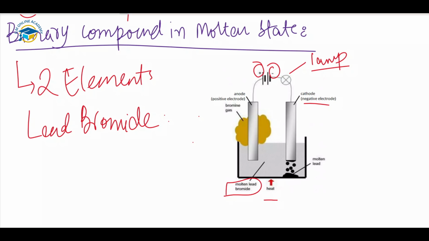So what will happen here? We have PbBr2, which is the lead bromide, in the molten state in our electrolytic tank. In this process, two types of reactions will happen. First of all, I'm sharing the equation.